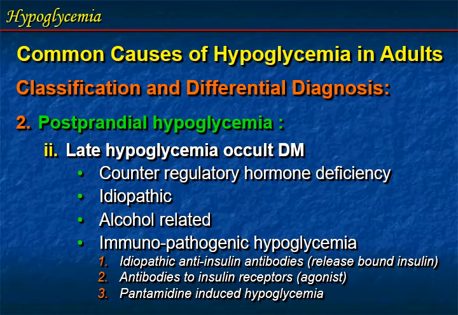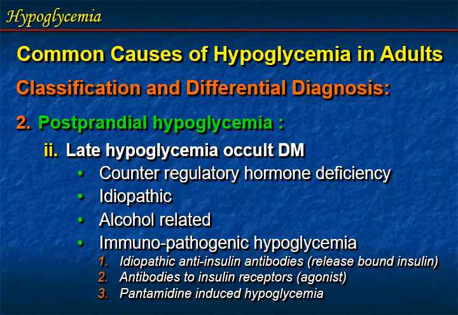And we have a late hypoglycemia, or we say postprandial late hypoglycemia with occult diabetes. As we said early, we might have a defect or deficiency or malsecretion of the counter-regulatory hormones. And all the time, we should think that there will be a balance between insulin and the other counter-regulatory hormones.